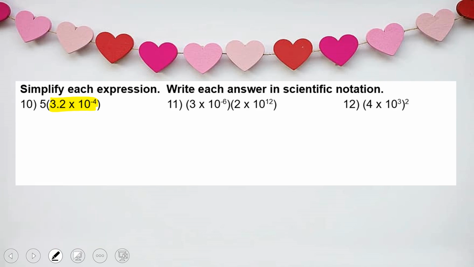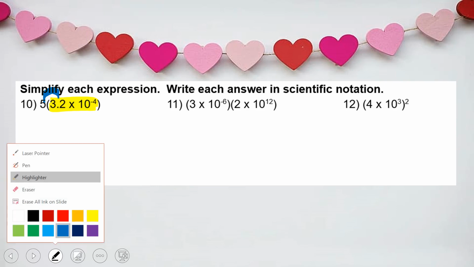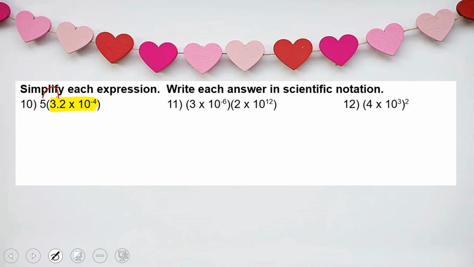But we actually don't even have to do that. We can recognize that I am just multiplying 5 times that value. And so if I take 5 times the 3.2, it's still going to be times 10 to the negative fourth. So 5 times 3.2 is 16.